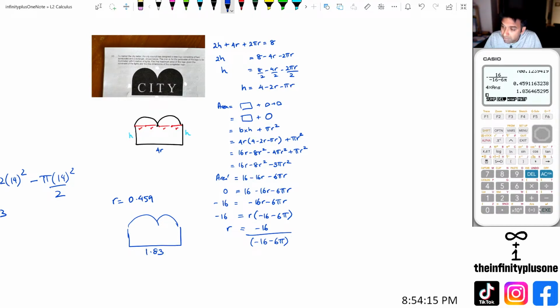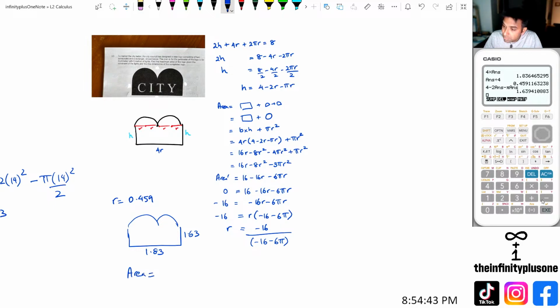So I'm just going to go 1.83. I need the height. So the height was 4 minus 2r minus pi r. So I'm just going to divide this back by 4, and then do 4 minus 2 times the answer minus pi times the answer. And that's going to give me a height of 1.63.